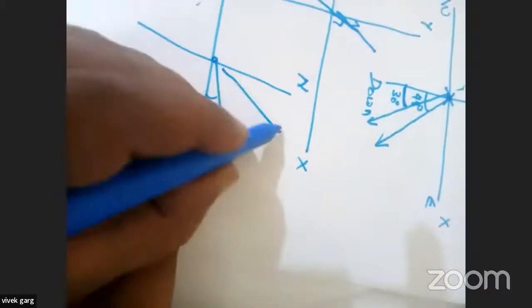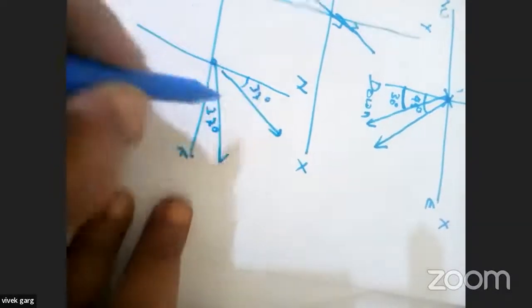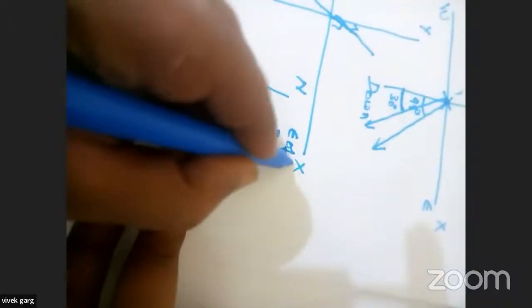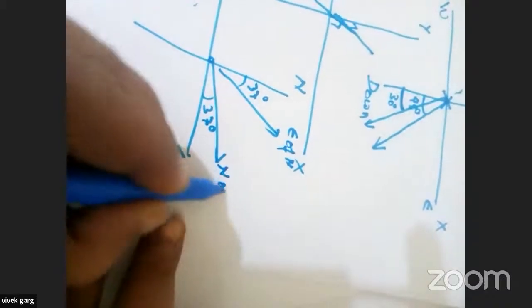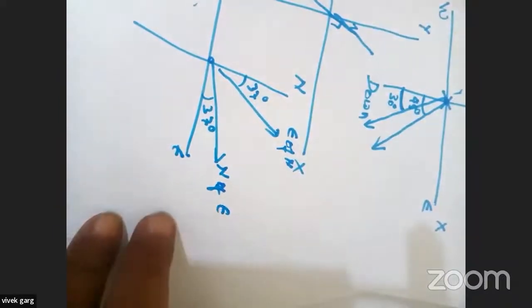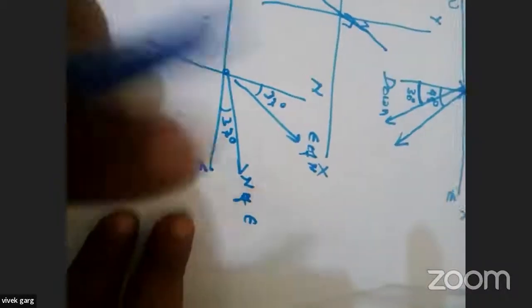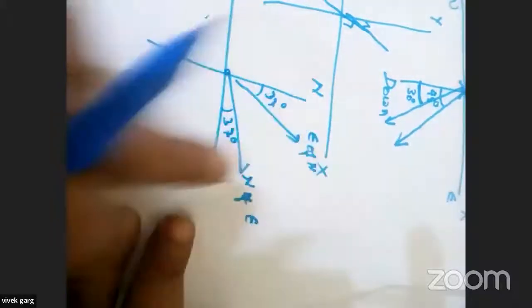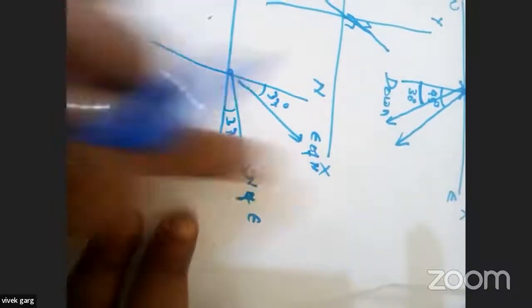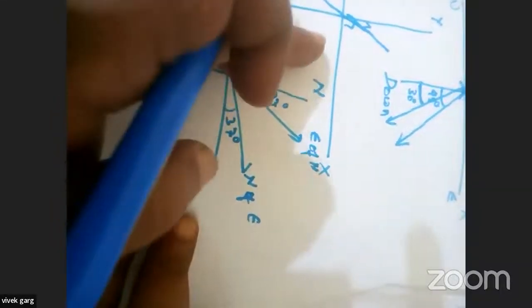If I make this line 37 degrees from north, then what will I say? 37 degrees east of north. How do I represent this? This is east of north, while this is north of east. How again? Going from east towards north, so north of east. Here we are going from north towards east, so east of north. So this is what we mean by direction.